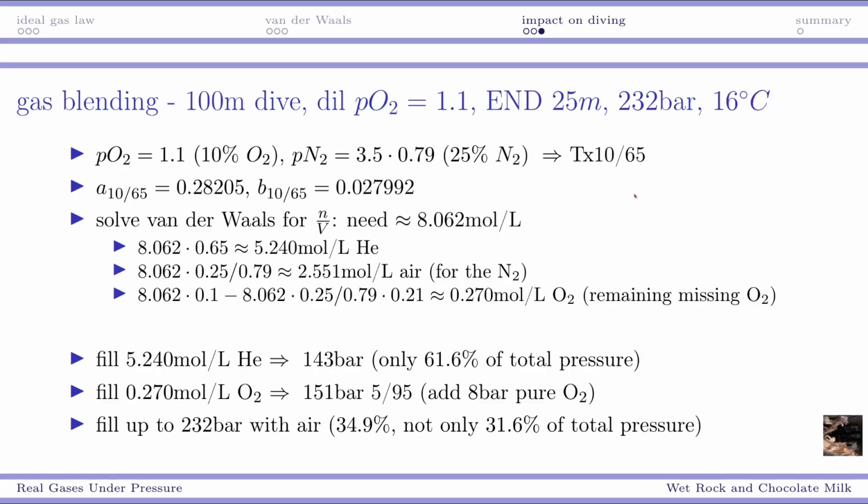Again, we can cross-check. The air that we're filling is 34.9%. But if we think about the 1065 one with the ideal gas law, then we would only expect to fill 31.6%. So here, the amount of oxygen and nitrogen would be a little bit less. Is that a problem? Maybe.